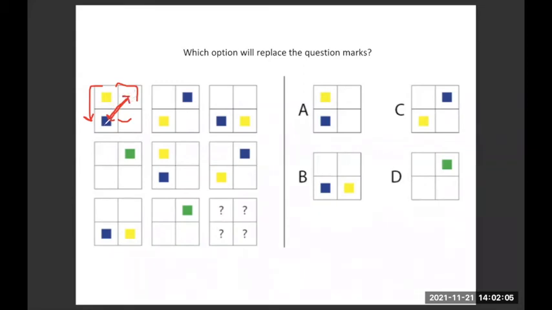So either it's in the bottom left box or it's in the top right box, if you look carefully. As we move from this to this, the yellow box's position shifts to the bottom, the blue box's position shifts to this corner. So that's why you get this.